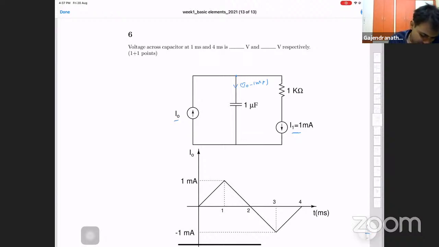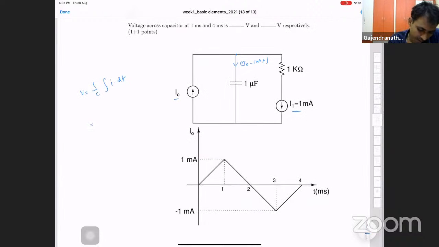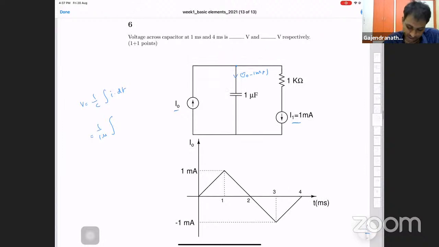What is it? V is equal to 1 by C integral of i dt. It is 1 by 1 microfarad integral of i dt. So basically, I have to subtract a 1 milliamp from this curve and do the calculation. The other way to do it is to find the area under this curve and subtract 1 milliamp from it.